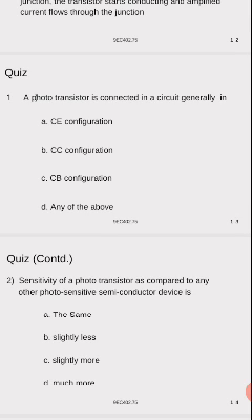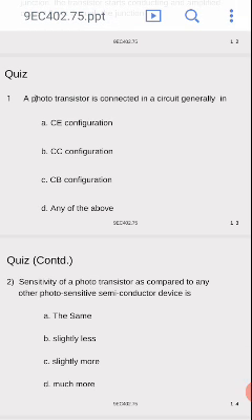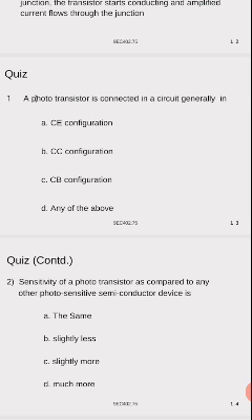Sensitivity of a phototransistor as compared to any other photosensitive semiconductor device is option A, same, option B, slightly less, option C, slightly more, option D, much more.